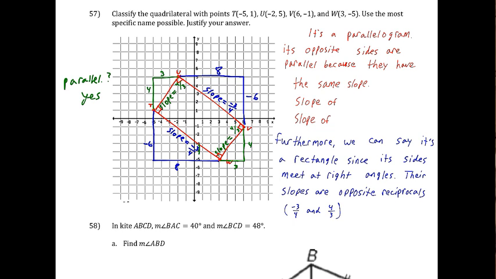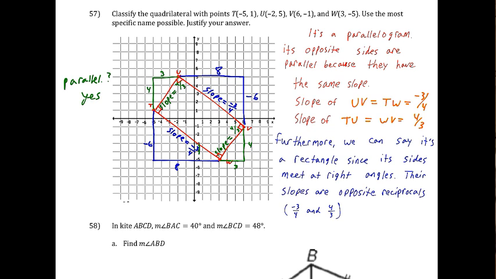The slope of UV equals the slope of the other one, which was TW, and that was equal, if you remember, to -3 over 4. That's what I did in blue. And then in red, I also had the slope of TU and WV, and those are both equal to 4 over 3.